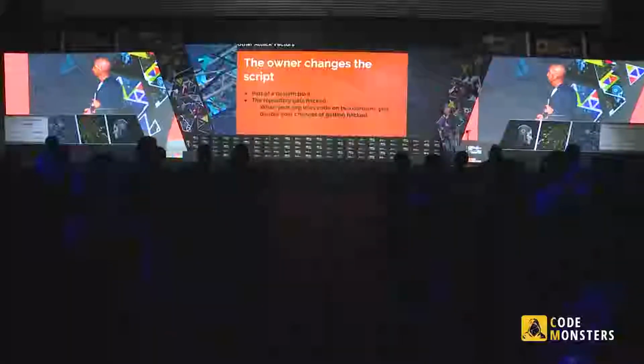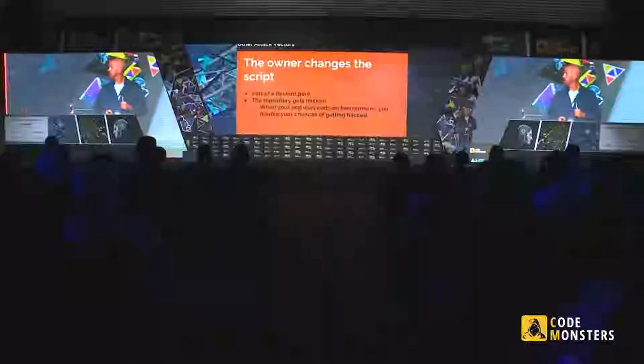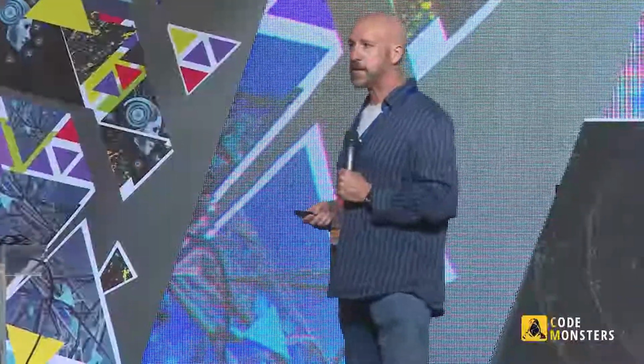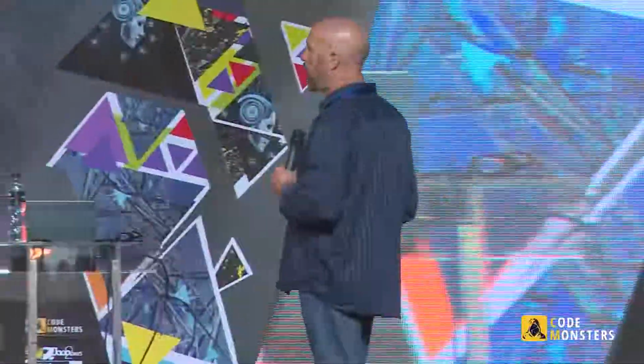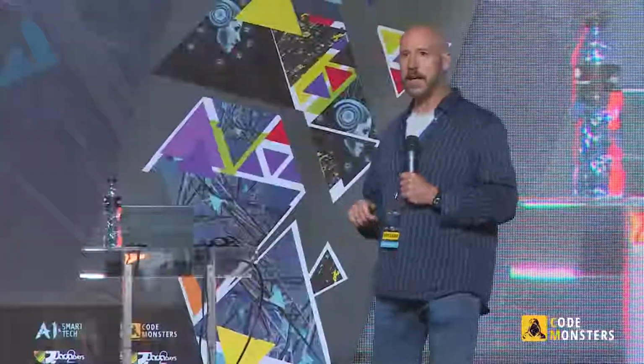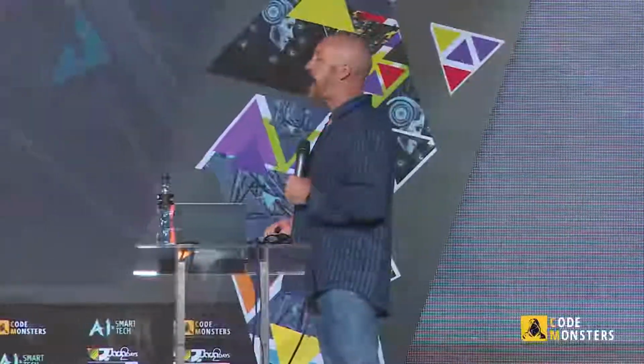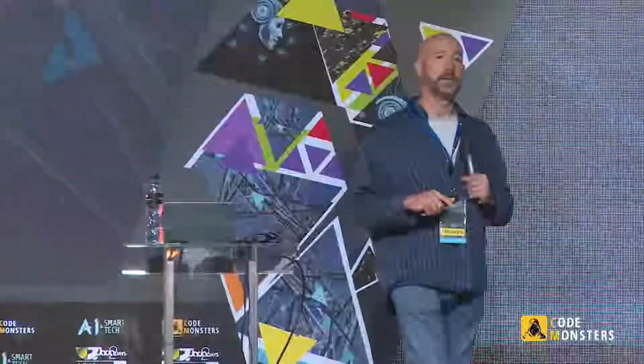Other attack vectors. Well, it could be part of somebody's deviant plan. I'm going to create the world's most popular JavaScript library, and then somewhere along the line, I'm going to change the code because I can, and I can make it do all kinds of evil things. Or maybe the repository gets hacked, right? We talked about that just a little bit.